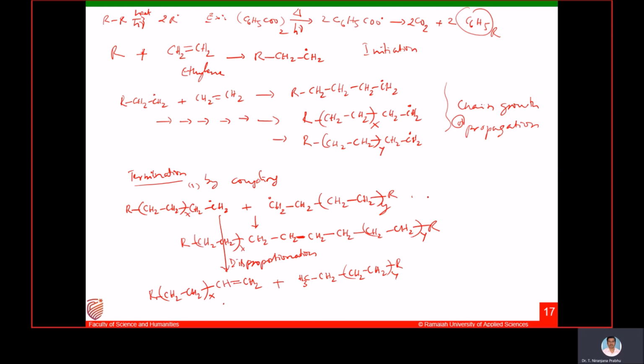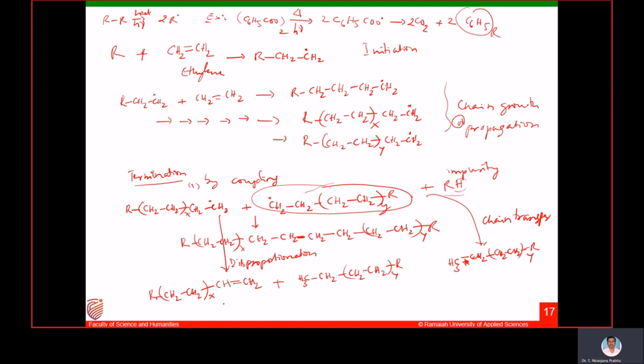Chain transfer. I will take another example. I'll consider only this chain, okay, plus let us say this impurity from solvent is available. What happens? This hydrogen can attack this, okay, to form CH3 there. CH3, CH2, CH2, CH2, Y times, R. Okay, so this is termination by chain transfer.